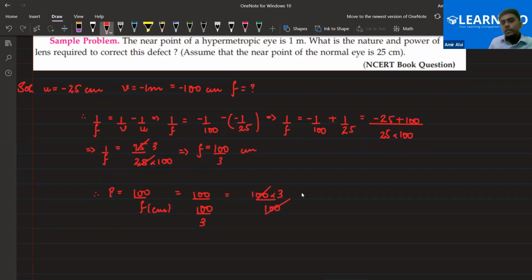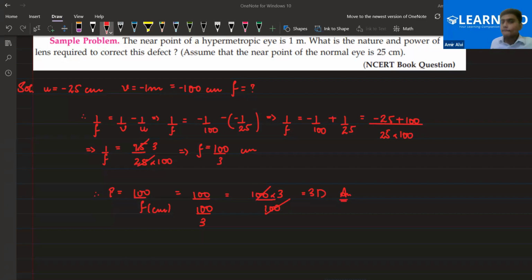So this cancels this, and ultimately 3 diopter comes out. If I convert it into decimal and place it in the denominator, that would be a very tough process. It is better to notice that it is a multiple of 100, so it will get cancelled. There is no need to convert it into decimal. Okay, is this clear? Yes, sir. Any doubt so far?